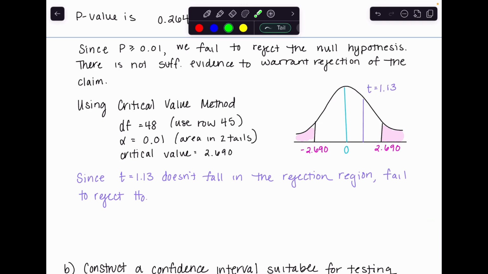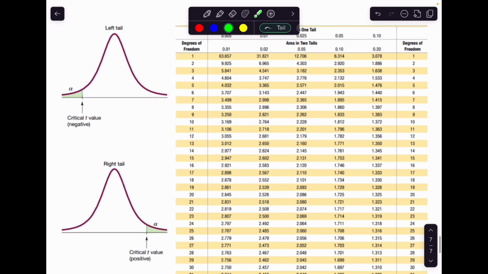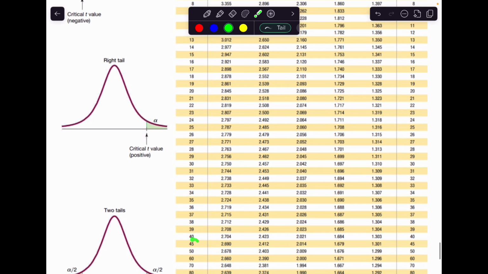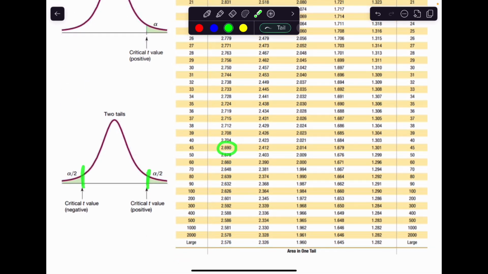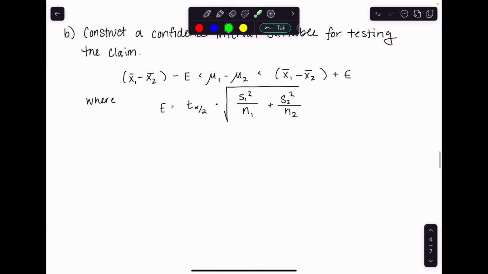Your alpha is 1%, and those are the two cutoff values, so you use that first row in the table. My degrees of freedom is 48, but I don't have a row for that, so I use 45. This tells me my critical value is 2.69. Half of each of these areas would be 0.5%, so it is the same critical value we found before.